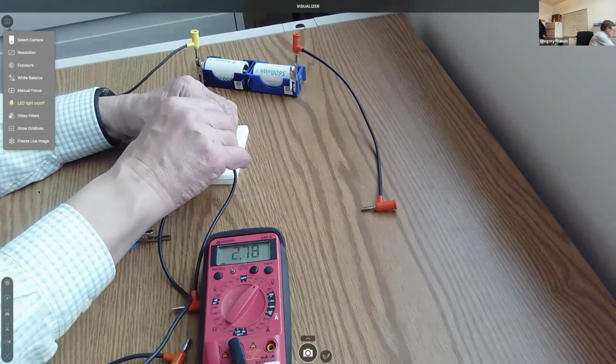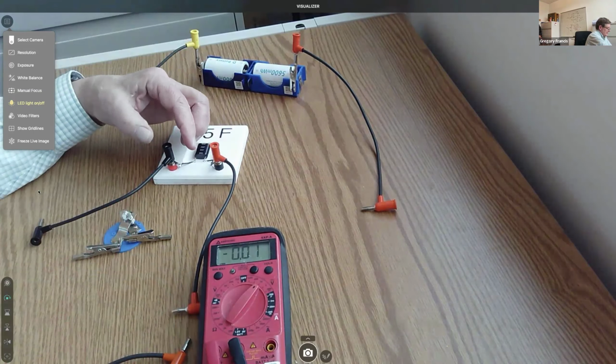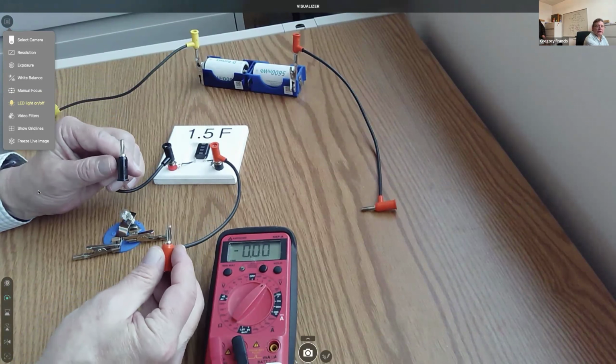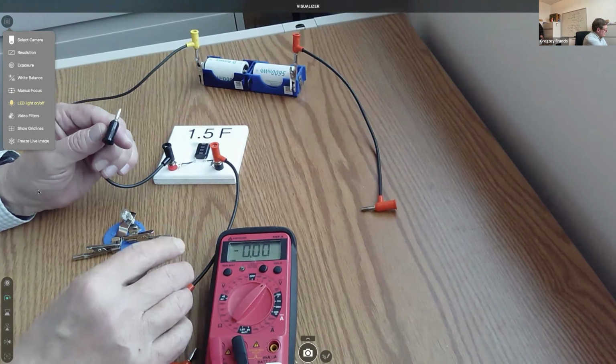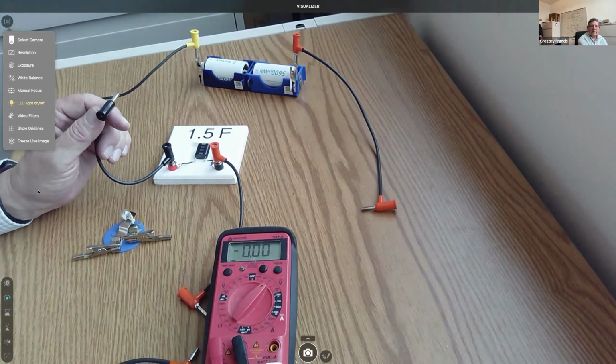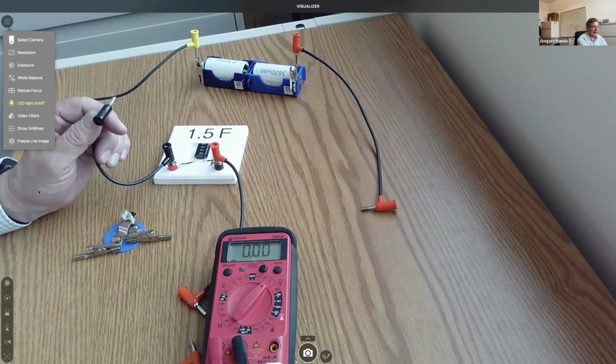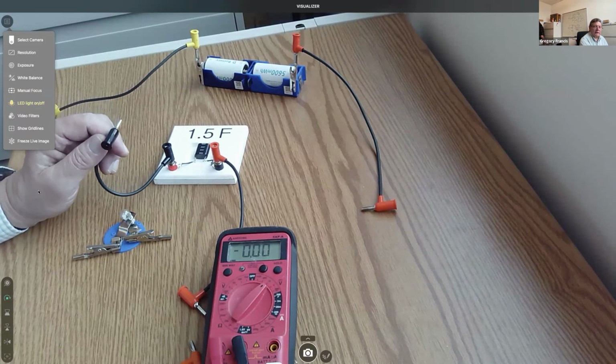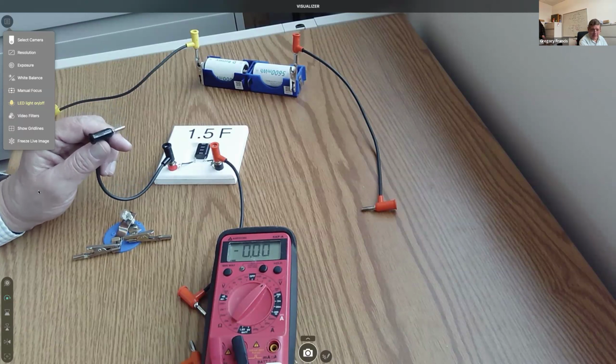But if we want to discharge a capacitor quickly, we could just touch these two leads together and all the electrons would race back to where they came from and discharge the capacitor. Now, with many capacitors, discharging it very quickly like that can damage the capacitor.